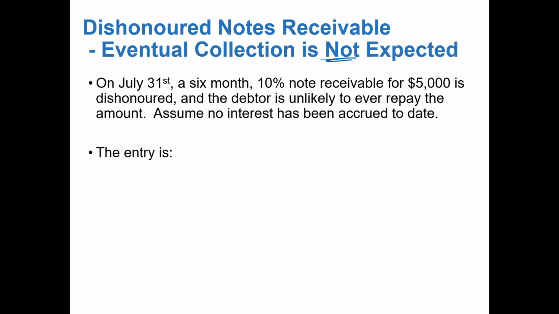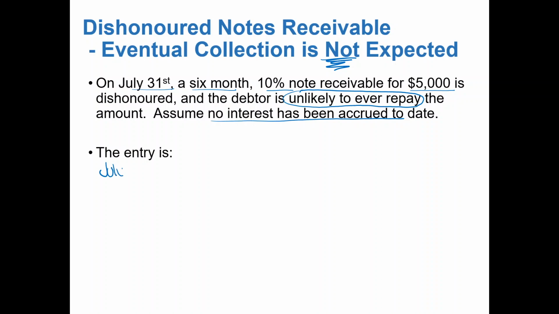Now, if eventual collection is not expected, so exact same question here, July 31st, 6-month note, 10%, $5,000, and it's dishonored. But now the debtor is unlikely to ever repay the amount. So we don't think we're ever going to collect this. And again, we have to assume no interest has been accrued.